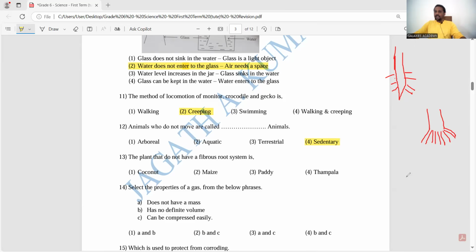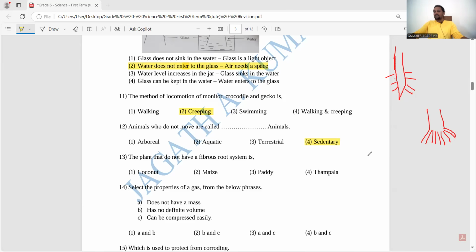Like that examples we can give, right? Now look at the question. You have to select which plant does not have a fibrous root system. Tampala. Tampala has the taproot system. No, Tampala has taproot. Paddy. Paddy has this kind of root system. So it has the fibrous root system.